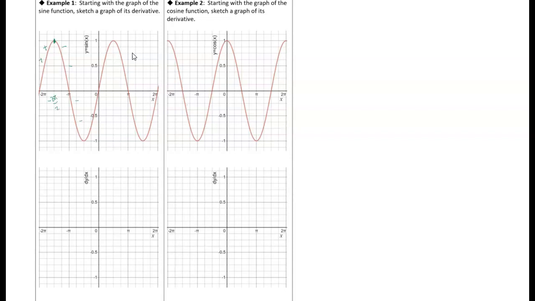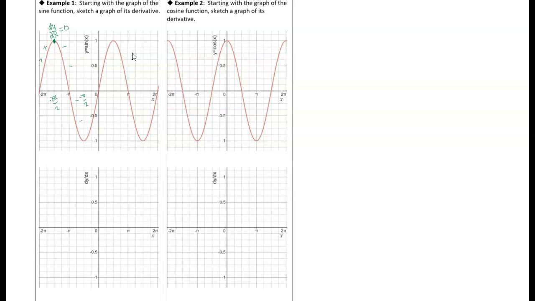The graph of our derivative is going to be below the x-axis. And right here at this point where it turns around from increasing to decreasing, the slope is 0. So at this point the derivative is equal to 0, which means it's going to cross the x-axis at that point.